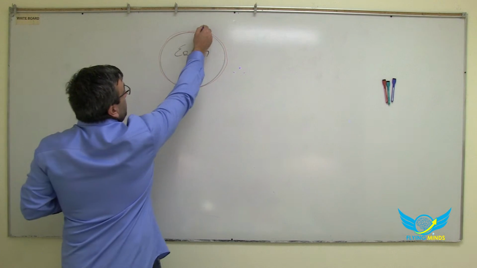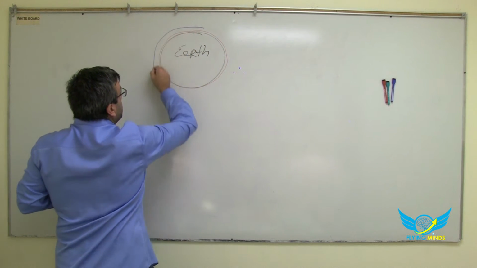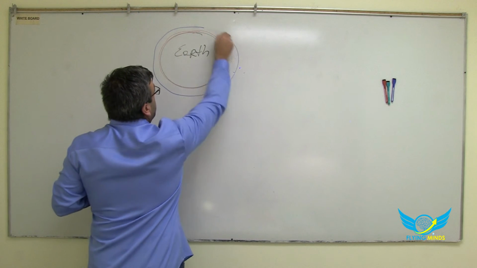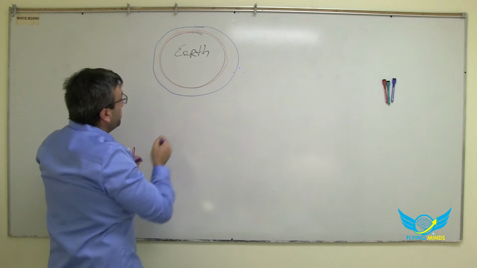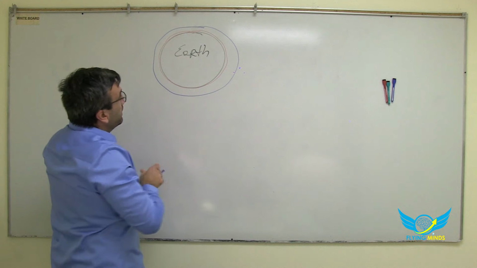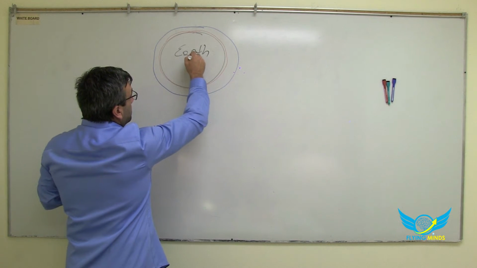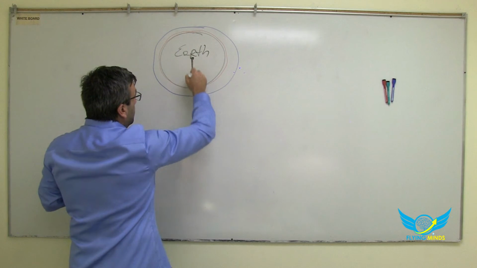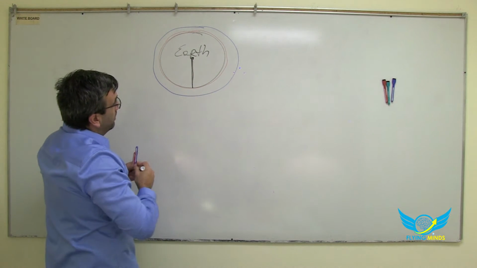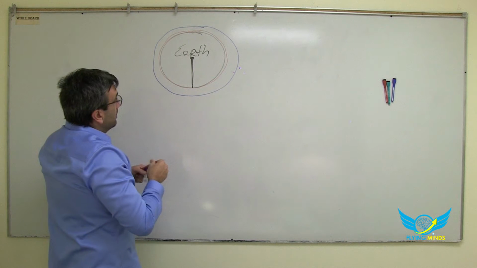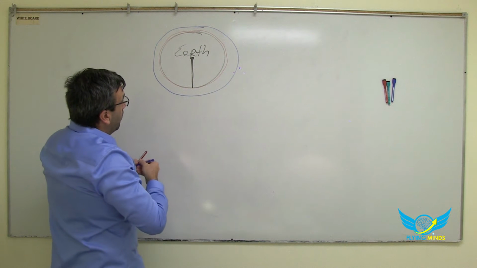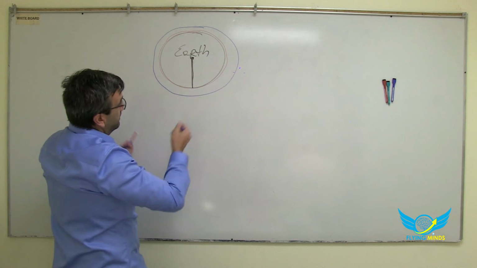So we increase the circumference by 1 meter, and let's mark our radius. This is the radius of the original rope and Earth.